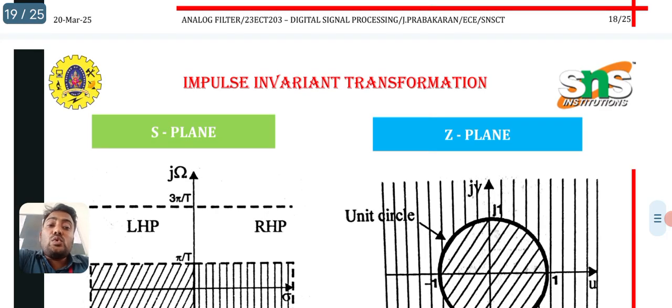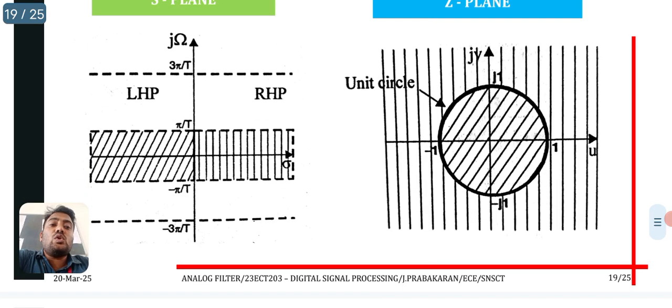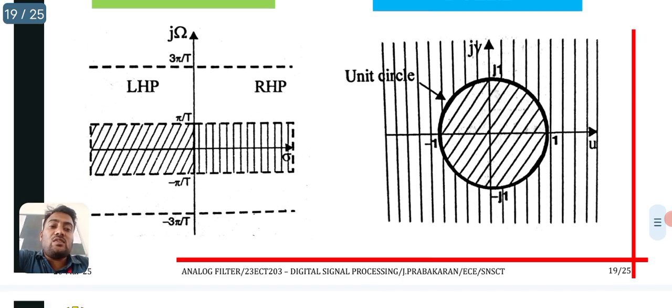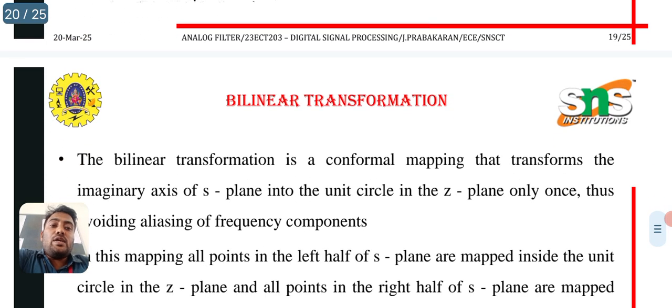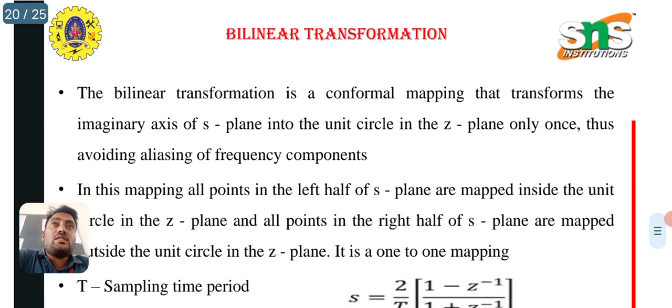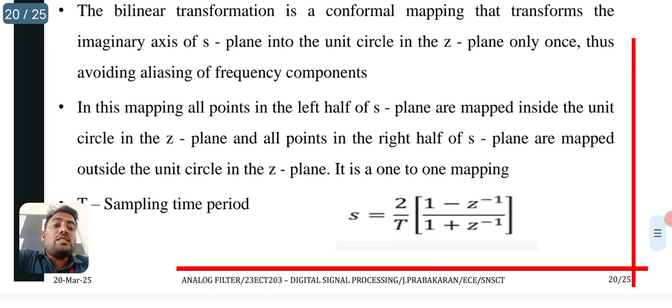S plane to Z plane conversion means analog to digital conversion. By using the bilinear transformation technique, we can convert from analog to digital filter with this formula: s equals 2 divided by T, where T is the sampling period, into 1 minus z inverse divided by 1 plus z inverse.